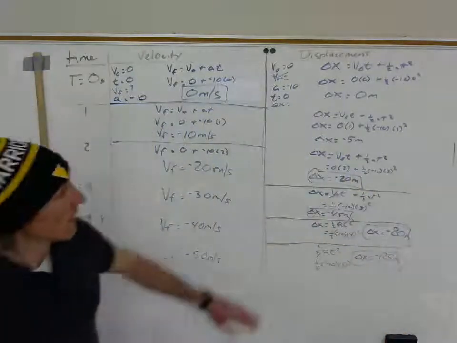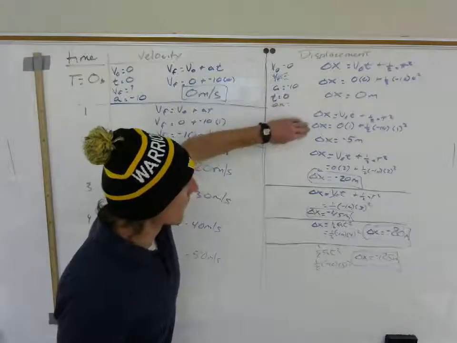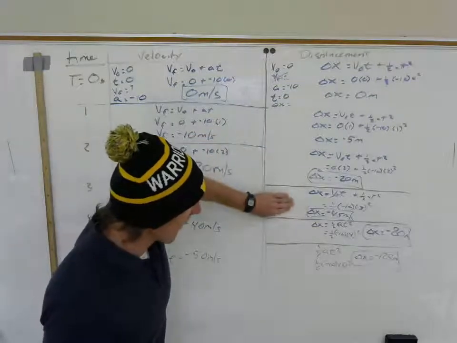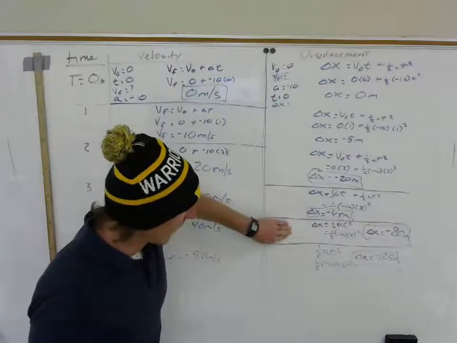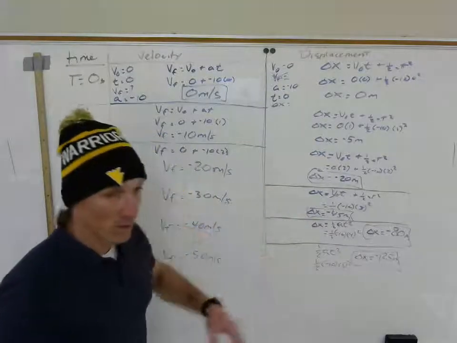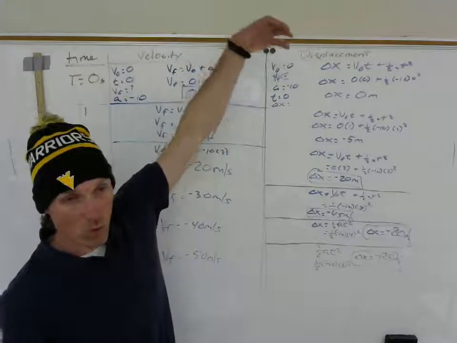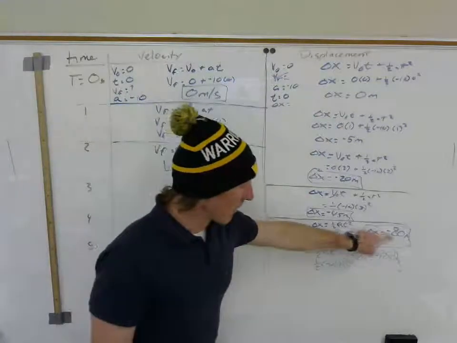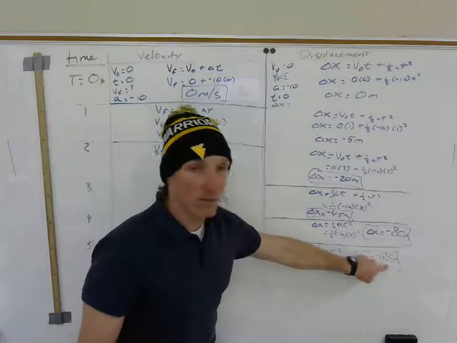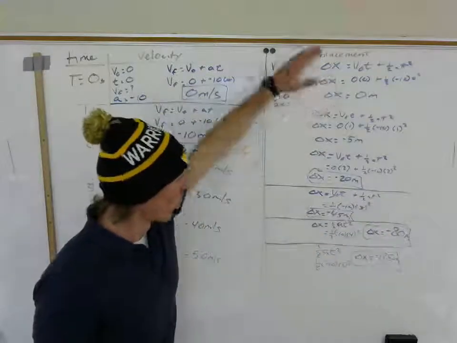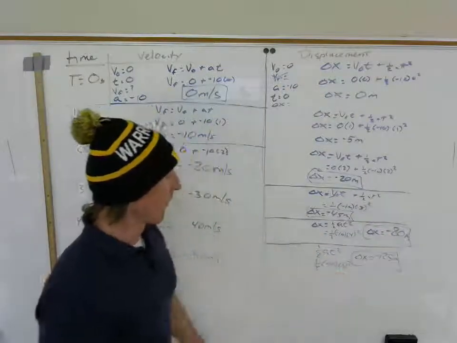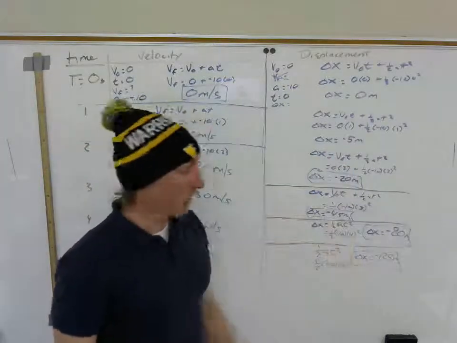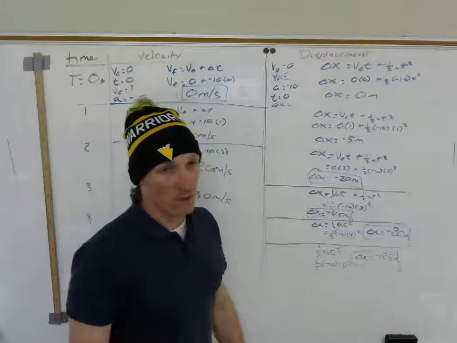So you can see, drop 5 meters the first one, drop 15 the second one, drop 25 the third one, 35, 45. So it increases more and more displacement each time. We see that because we're identifying the actual position, or the total amount that it had dropped. So after 5 seconds, it dropped 125 meters downward, and that's what the negative says.